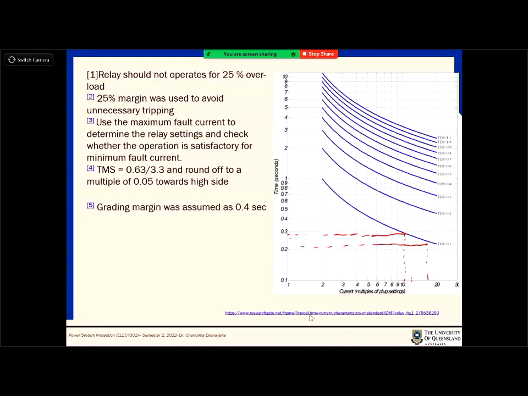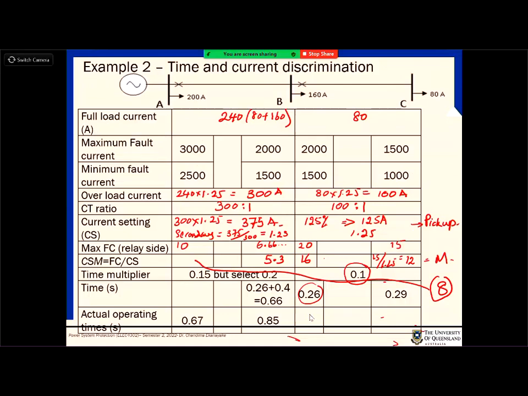And I need a minimum operating time of... did I write the correct values there? Yeah, 0.29, 0.26, 0.66. That's correct.